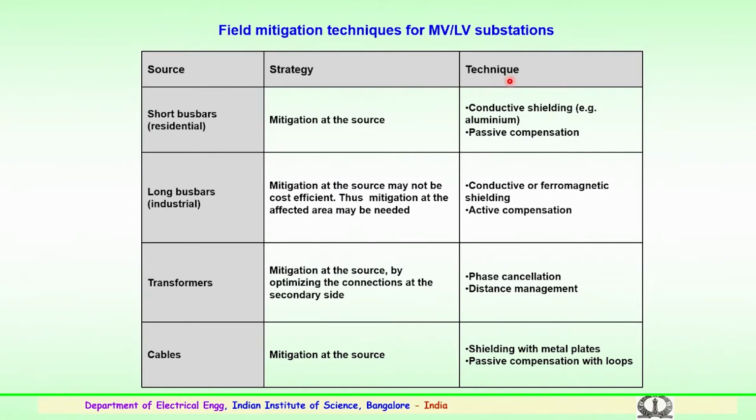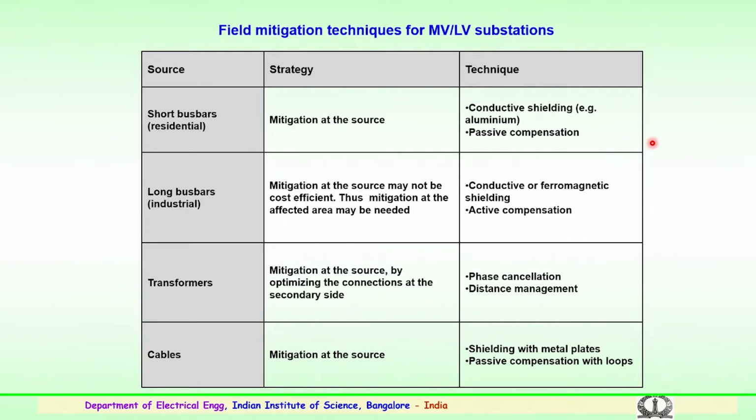So, what are the techniques opted in case of bus bars for the residential purpose? Conductive shielding, for example aluminum or copper, could be done, and passive compensation, going in for a loop type of arrangement, could reduce the fields in the medium voltage or low voltage. For long bus bars, particularly for the industrial sections, conductive or ferromagnetic shielding is advised, and going in for active compensation could reduce the fields here.